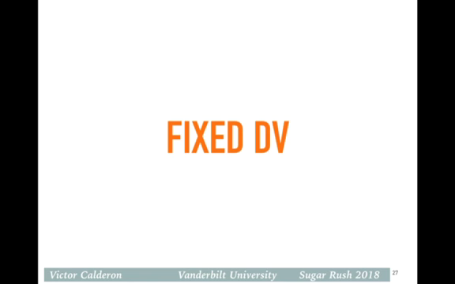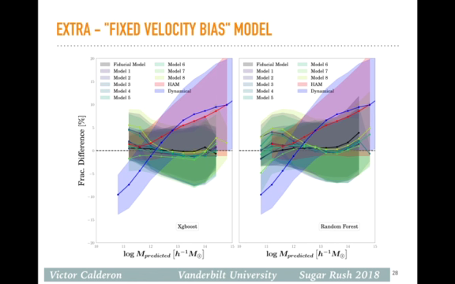So we have 8 different HOD models, and we train on the fiducial model with no velocity bias and a fixed set of HOD parameters, and then we predict from different sets of HODs.